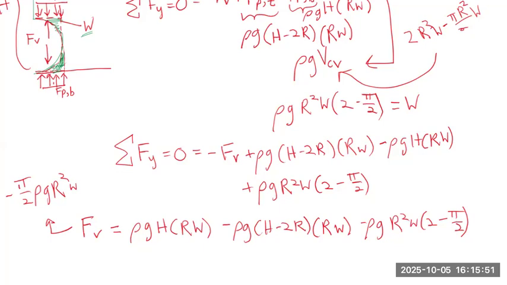So actually, the reason the vertical force acts upwards is because we assumed FV to be upwards, but we got a negative answer. This means that FV is actually pointing downwards. And FV is the vertical force the cylinder exerts on the control volume.